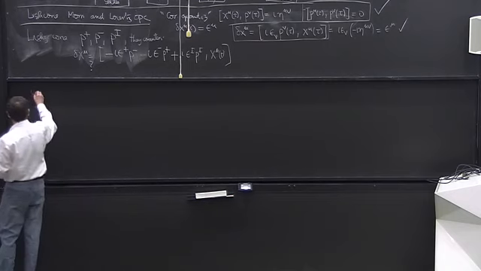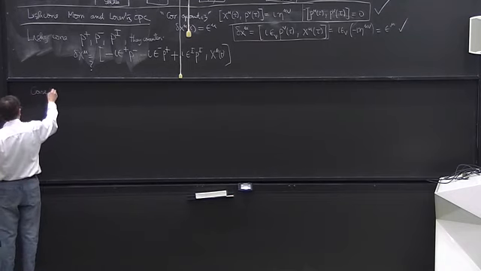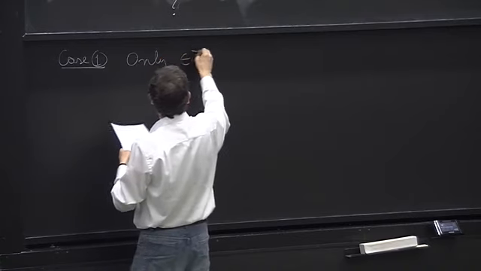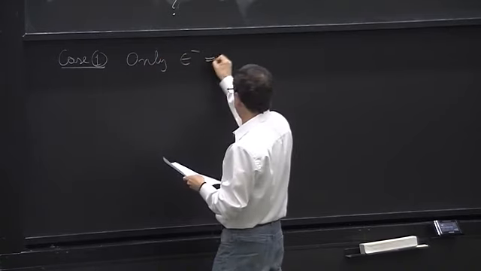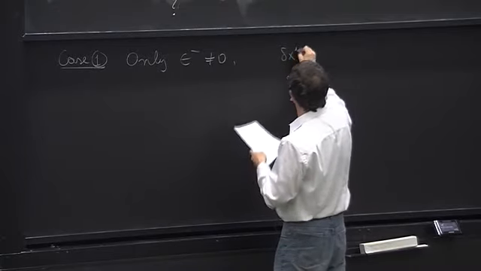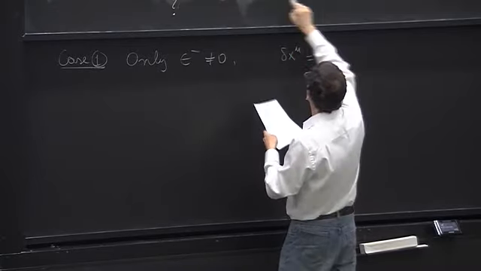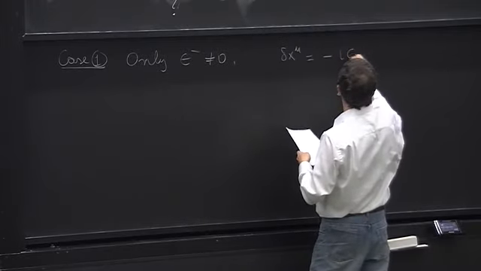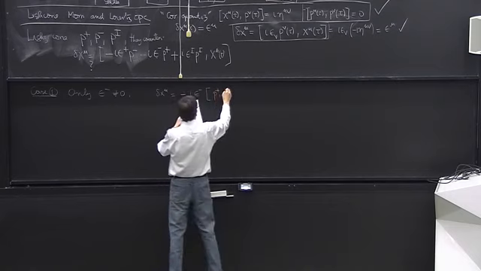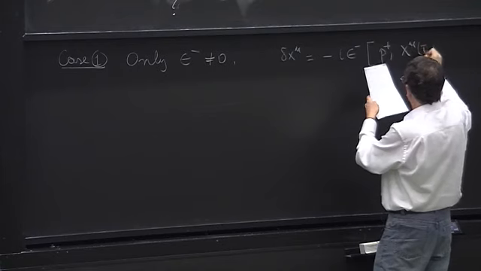Case one: there's only an epsilon minus that is different from 0. Then delta x mu should be given as minus i epsilon minus [p plus, x mu of tau].